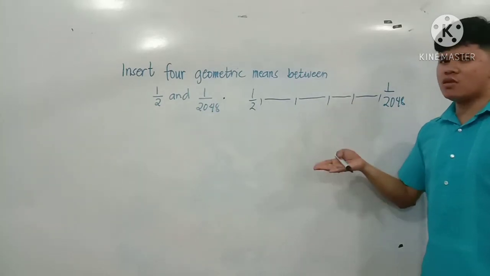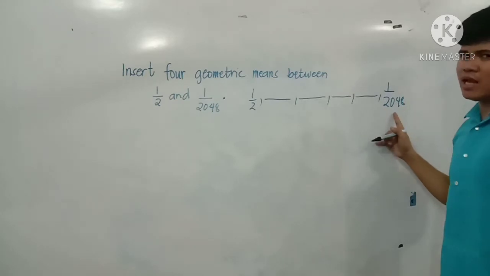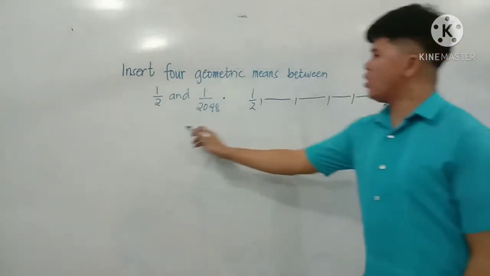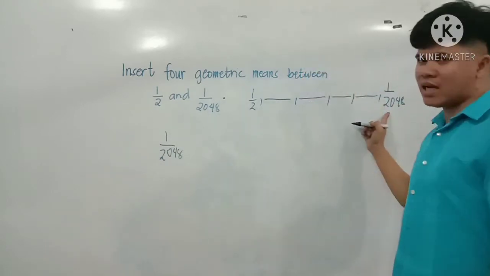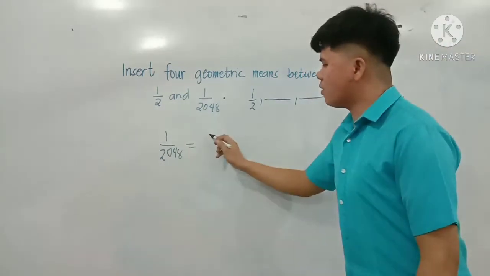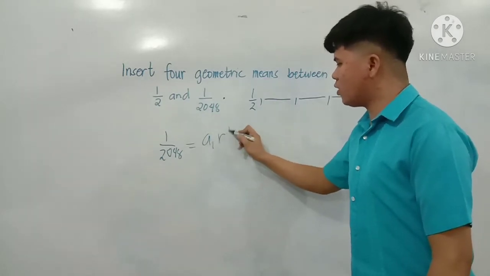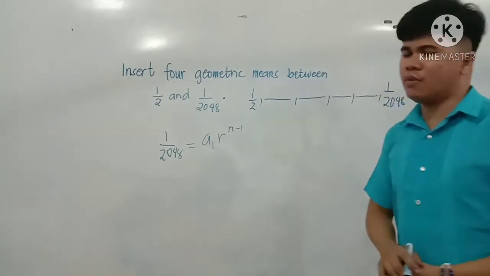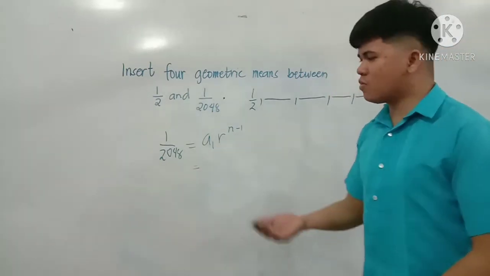We can obtain the common ratio by making the formula based on this given last term. So we have here 1/2048, our given last term. The general formula is a sub 1 times r raised to n minus 1. We simply substitute.